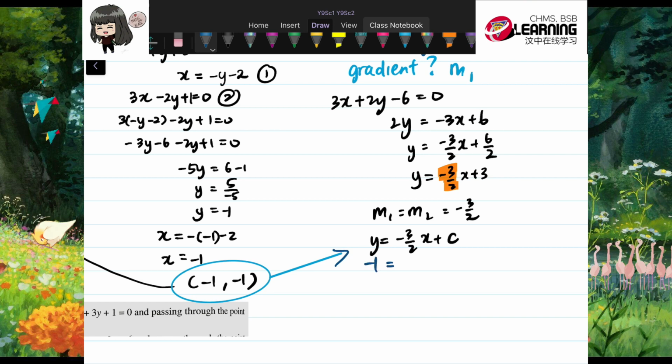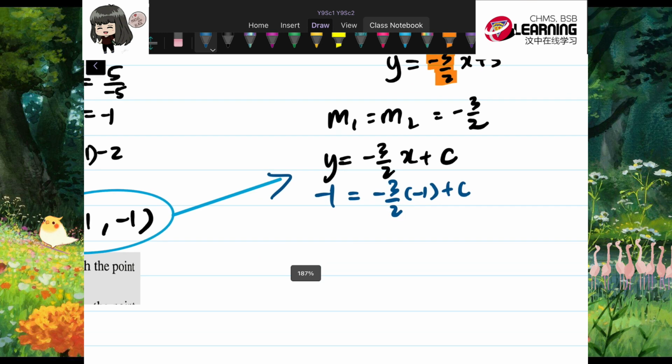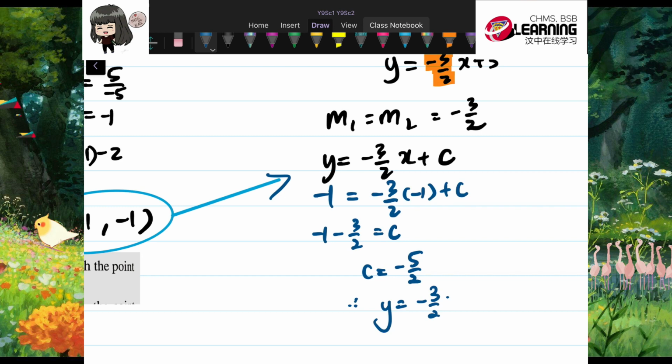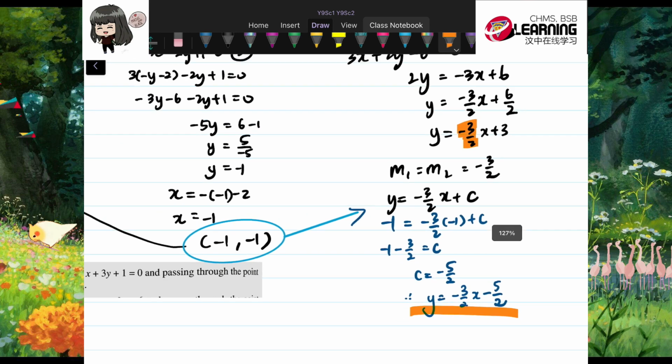So sub in negative 1. So my c is negative 5 over 2. Therefore, my equation is y equals to mx plus c, where my c is negative 5 over 2. So this is the answer for the equation of the line.